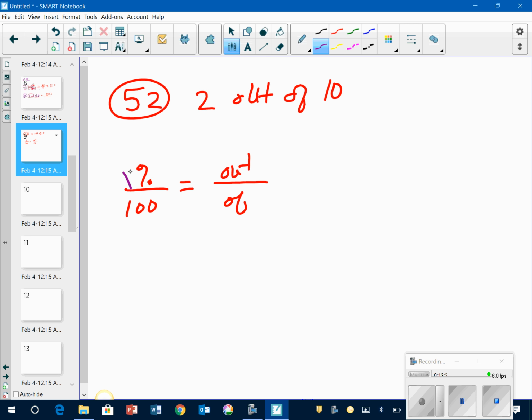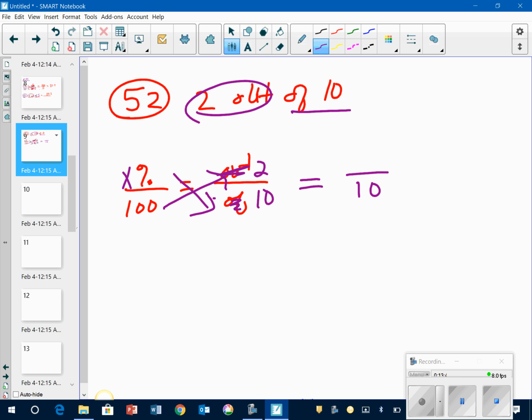We're going to be finding x percent. The out number is 2 of 10. Cross multiply. X times 10 will go on the bottom because we multiplied it by x. 2 times 100 would be 200. We're going to simplify by taking out a 0 on each one, and then you have 20 over 1, so it's 20. So 2 out of 10 would be 20%.